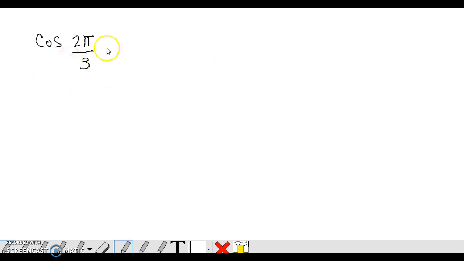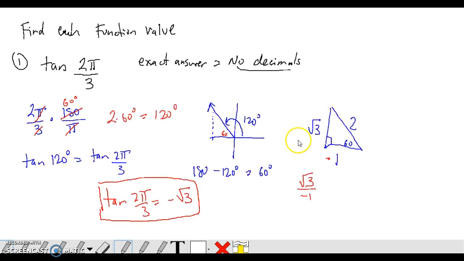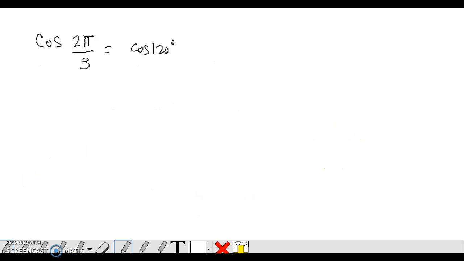So that means this is already equivalent to the cosine of 120 degrees. Using this, I know that cosine is adjacent over hypotenuse, so negative 1 over 2. So the cosine of 2 pi over 3 is equal to negative 1 over 2.